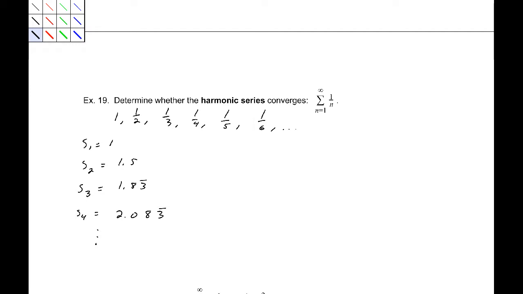Now, this doesn't seem to be stopping. You might wonder, is it going to approach something? And the farther that we go, it's a very special one, because it actually continues to increase. This one is particular because it diverges slowly. It diverges so slowly that even after 100 terms, the sum is still fairly small.